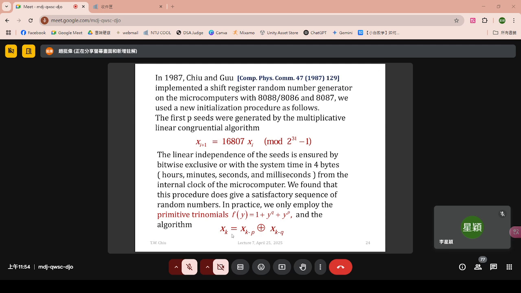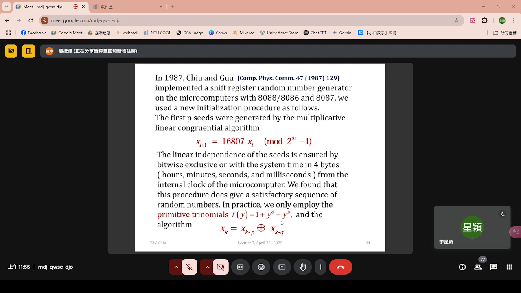Then I need this primitive trinomial, so P and Q, where P is a prime number, and also the polynomial is irreducible, but with just 3 terms.